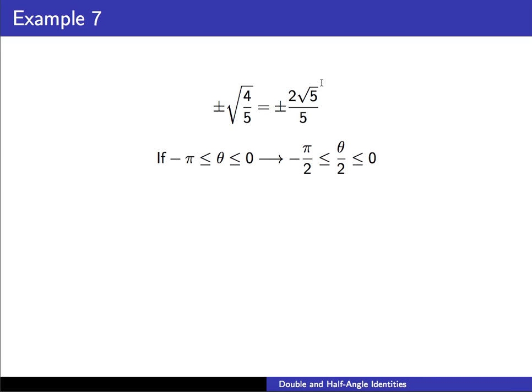Now, to determine whether we should use the positive or negative: negative pi is less than or equal to theta, which is less than or equal to 0. If we divide each of these by 2, we get negative pi over 2 less than or equal to theta over 2 less than or equal to 0.